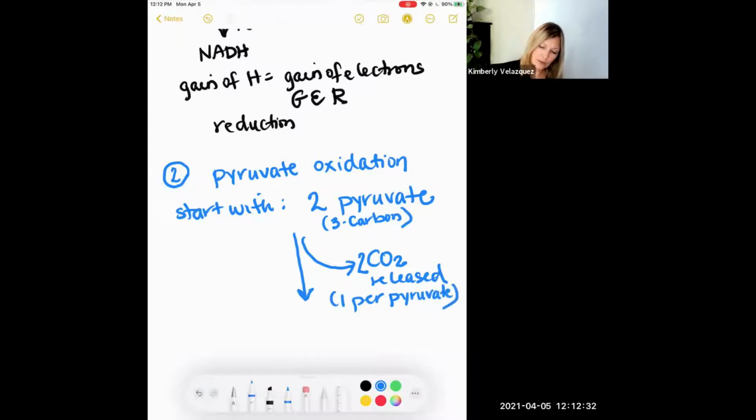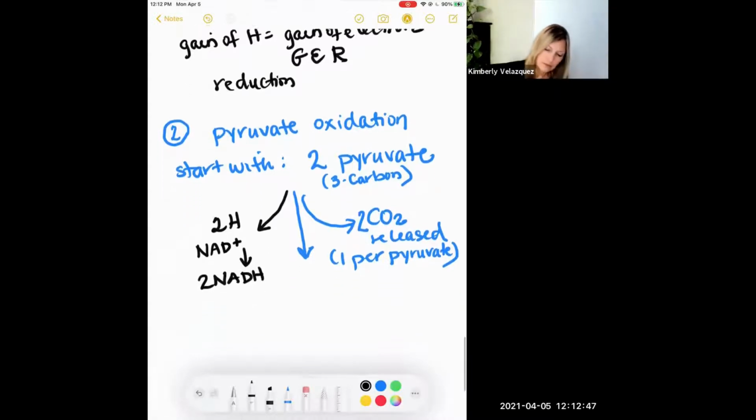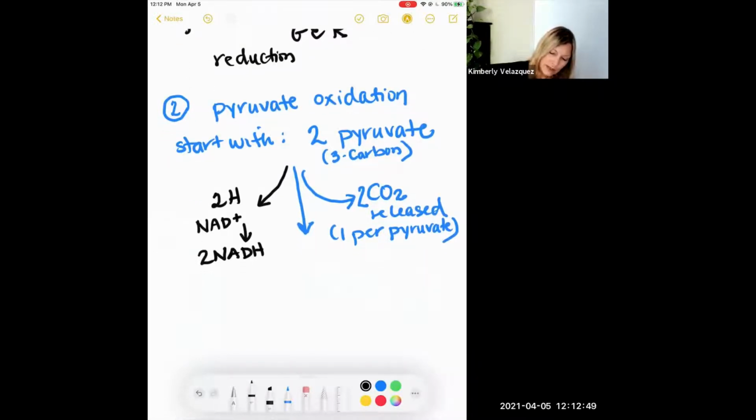Also, 2 hydrogens are going to get picked up by NAD+ to form 2 NADH. And what we're left with at the end is 2 molecules of what's called acetyl coenzyme A. It's written CoA for short. Those are 2 carbon molecules.